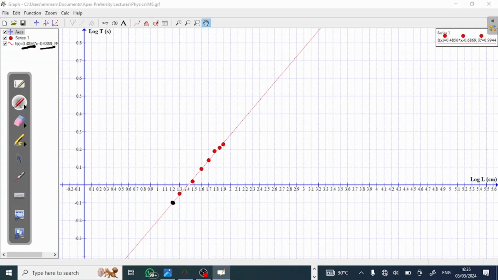Let's see, can I find another point again? Not really, since this is actually like a keyboard graph. If you use a proper graph, you should have where the intercept is, but let's assume the intercept here.